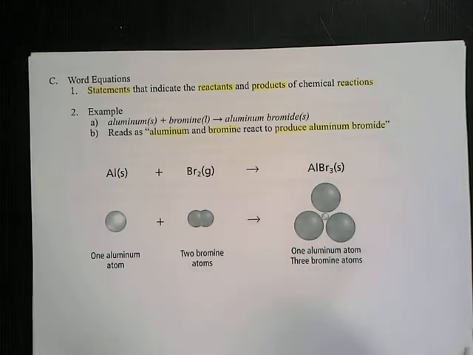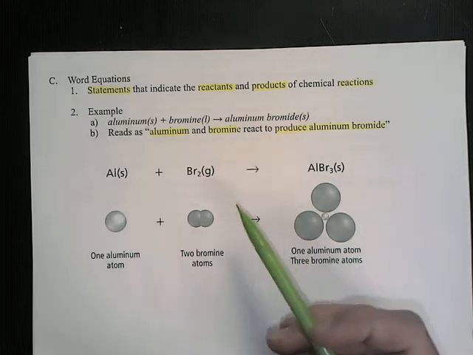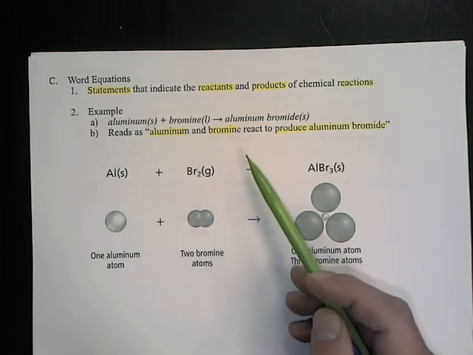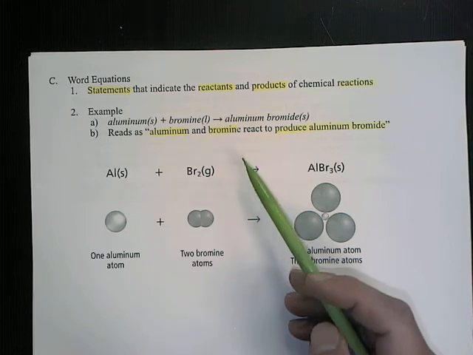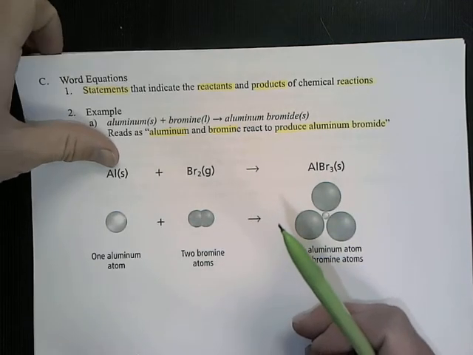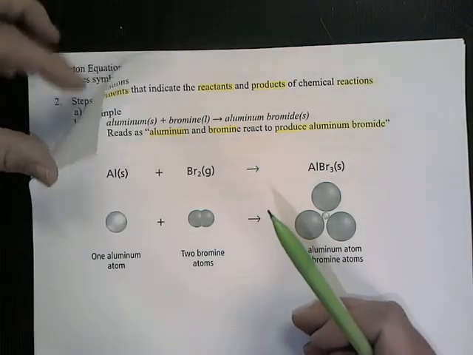All right, so word equations are how we are going to start our chemical equations. They are statements used to describe those reactions. Now, you can see here that we need to utilize our knowledge of chemical reactions to determine how we can write these particular equations.